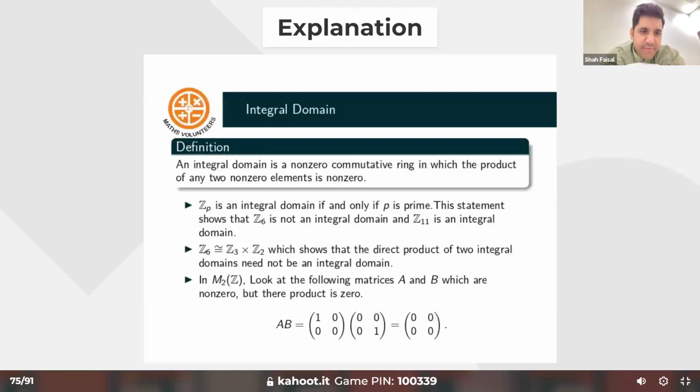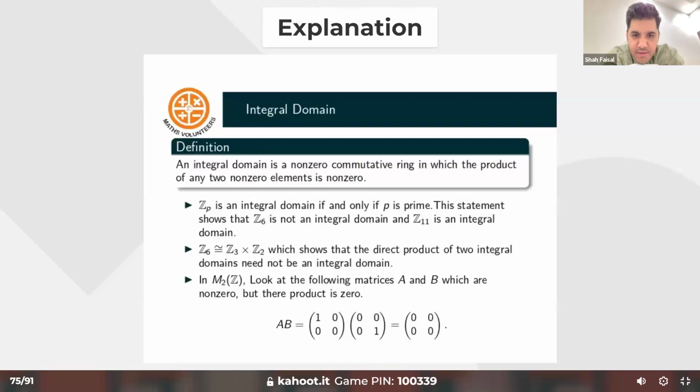So, for example, fields are integral domains, where you find an inverse to any non-zero element. And Z_p is a field if p is a prime. So Z11 is an integral domain by that definition.